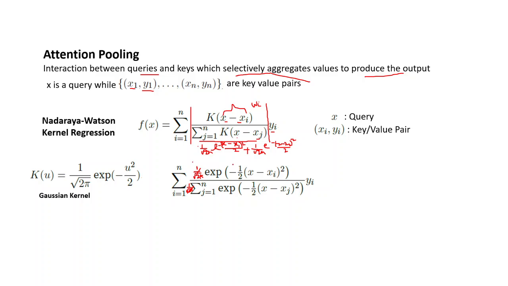So now if you just replace this entire minus half x minus xi whole square as say zi, and you replace this as zj, this term will look roughly like this: e to the power zi divided by sum over j equals 1 to k, e to the power zj.